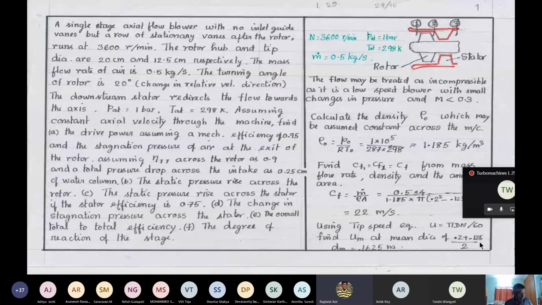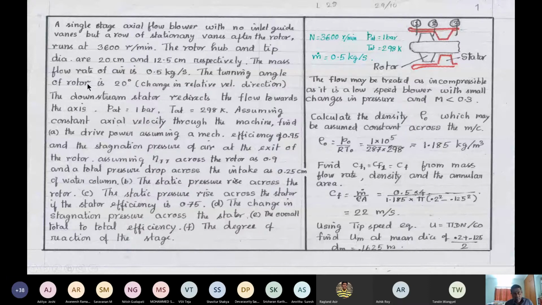Okay, so the problem is about a single stage axial flow blower with no inlet guide vanes, but a row of stationary vanes after the rotor, and it runs at 3600 revolutions per minute. The rotor hub and tip diameters are 20 centimeters and 12.5 centimeters respectively.